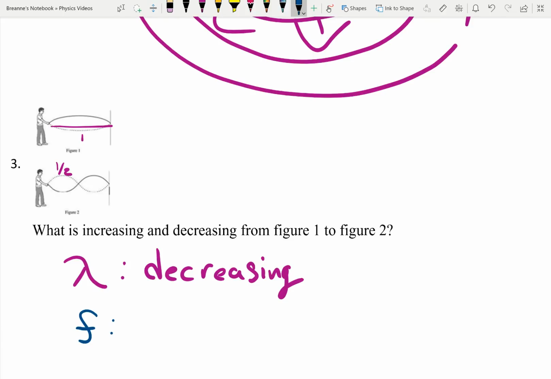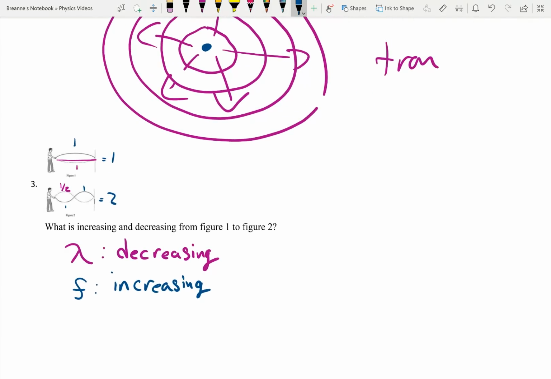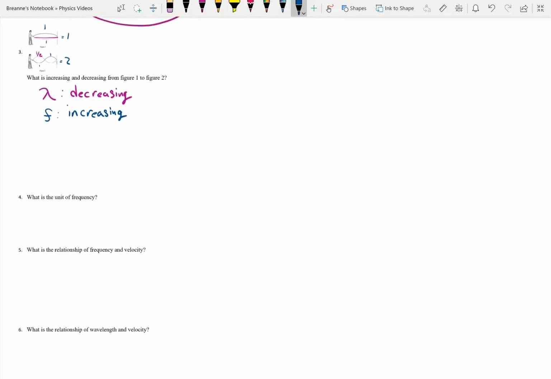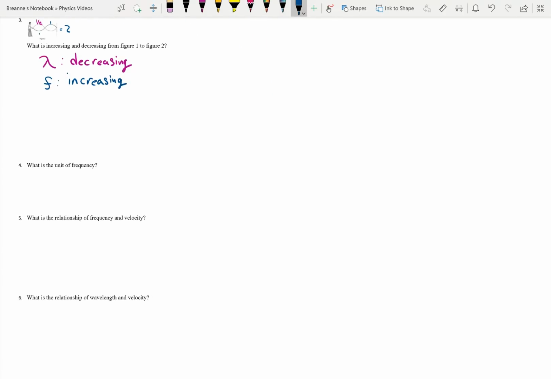But we have 1 hump happening versus 2 humps happening, so our frequency is increasing. Our wavelength is decreasing and our frequency is increasing. What is the unit for frequency? That is hertz, represented with Hz.